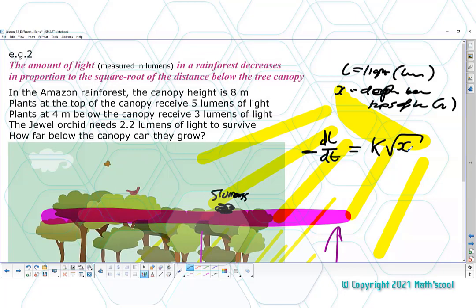The amount of light decreases, so minus dL by dx, in proportion to the square root of the distance below the tree canopy. Did I get that right? Asking that to Sam. Isn't it the distance? Yeah. Yep, depth, depth below the.